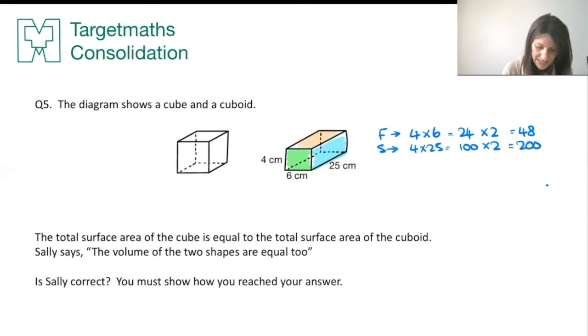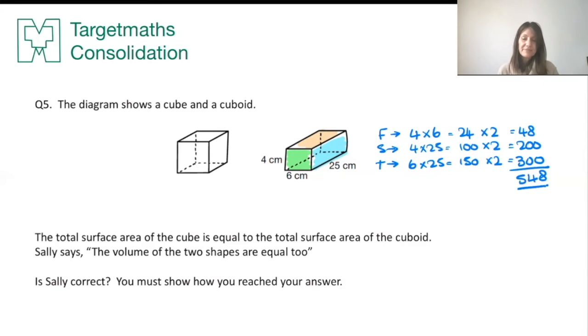I'm going to do the top now, which is 6 times 25. That's 150, which I will double because I've got that bottom as well. So I've got 300. And then that adds up to 548.